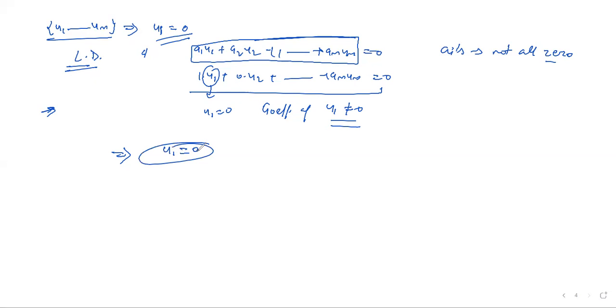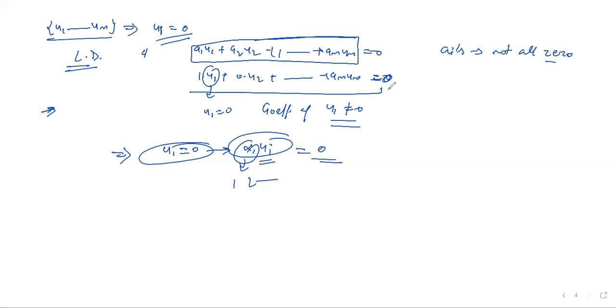So what does it mean? I can put any value of the scalar, alpha 1 with u1, let's say 1, 2 or anything, but the multiple would become 0, because the vector itself is 0. Because the vector itself is 0, I can put any value of the scalar and the whole sum would be 0.